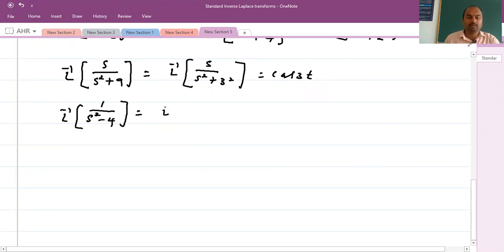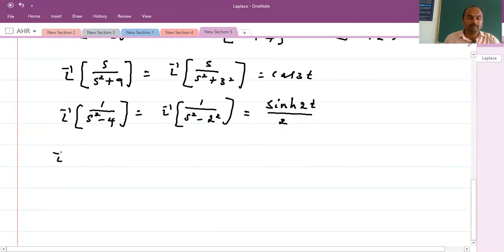That is 1 by s square minus 2 square, since 4 can be written as 2 square. So this is sinh 2t by 2.